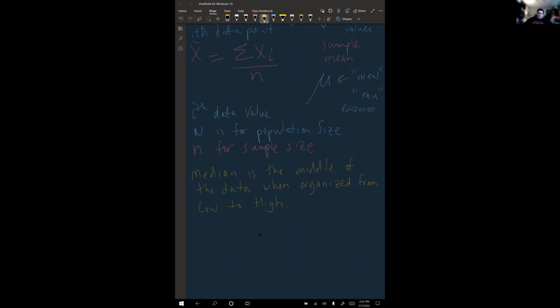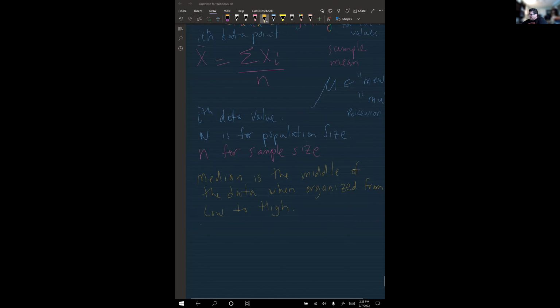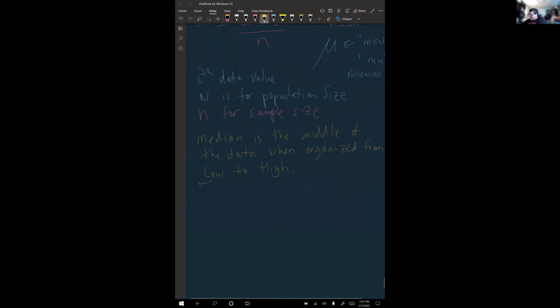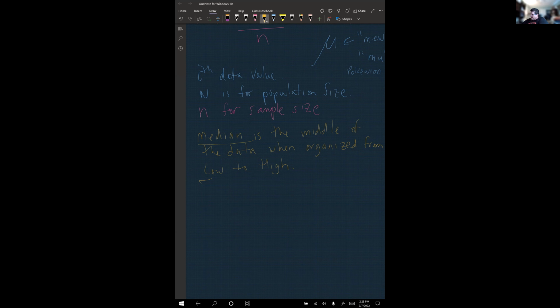And let's see, if the sample size is even, well, it might be easier to say odd first. The median, if n or big N is odd, like 1, 3, 5, 7, that kind of odd, the median is the exact middle.